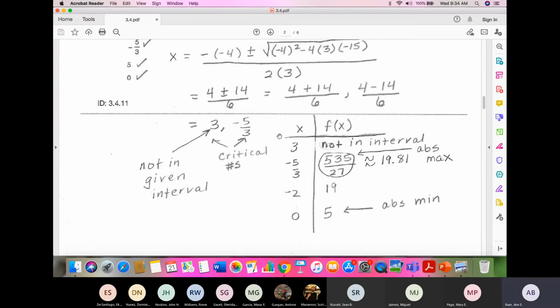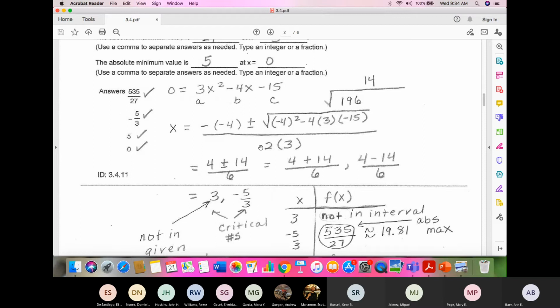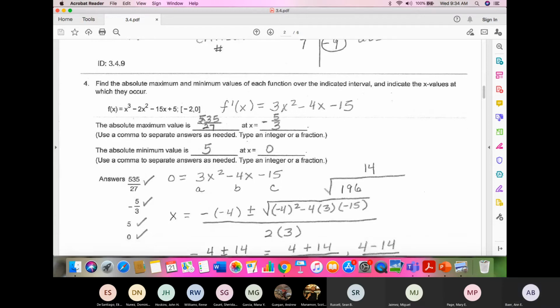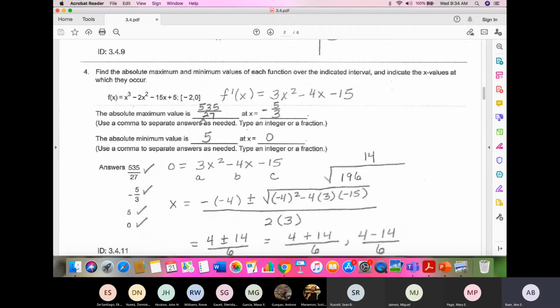So if one or both of your critical numbers aren't in the interval, then you don't consider those. Every critical number has to be in this interval in order for you to consider it. You may get a case like this problem, where you get a number that is not in the interval, so you want to just cross it out.